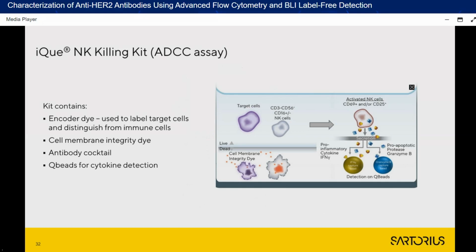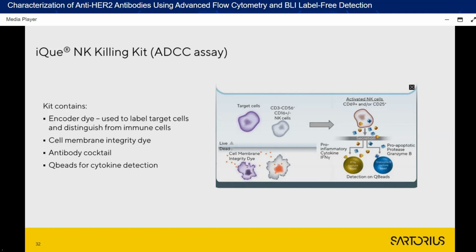So finally, we had a look at the ADCC activity of the antibodies using the iQue NK killing kit. So for this assay, we co-cultured the AU565 cells again with natural killer cells, and that was at a 5:1 effector to target ratio. In this kit, there is a violet encoder dye to label the targets to distinguish from the immune cells.